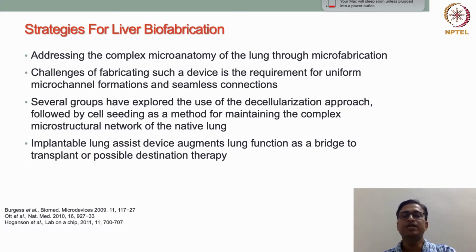In the lung parenchyma, the lung fibroblasts and smooth muscle cells are seeded, and in the blood vessel channels, the endothelial cells are seeded. In this way, whatever cells are present in the lung tissue are seeded back.